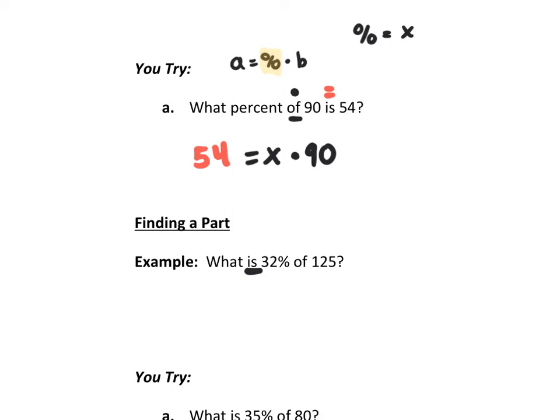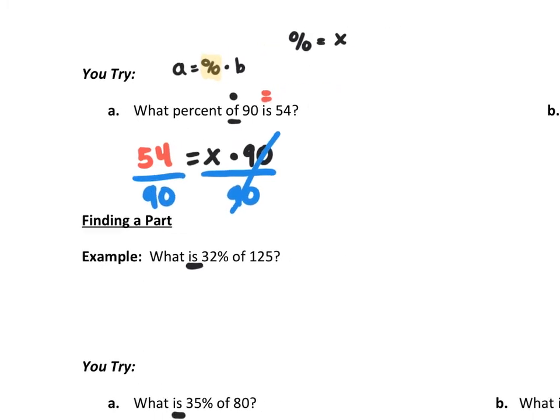Now, when we're solving for variables in this situation, I know we haven't gone over solving equations yet, but these do all become one-step equations to where if x is multiplying by 90, we're going to need to divide both sides by 90.